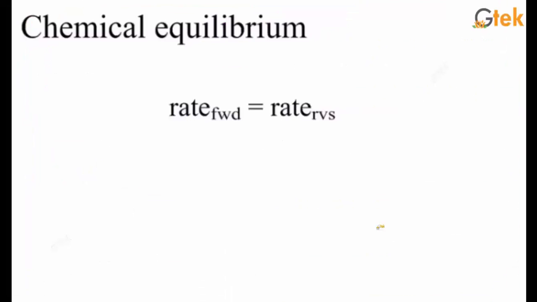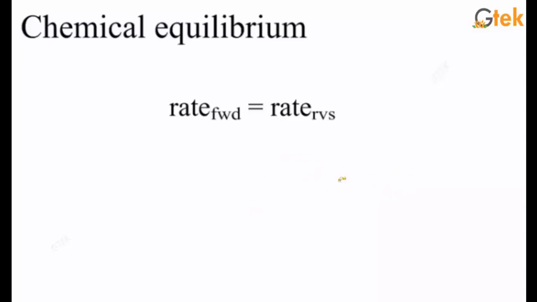Let's discuss chemical equilibrium. As you know, the rate of the forward reaction is equal to the rate of the reverse reaction. That's referred to as chemical equilibrium. So I have the reactants, and the reactants mix up to form the product at one stage. So what is the rate of forward reaction?